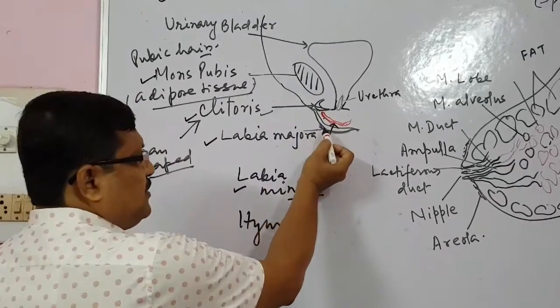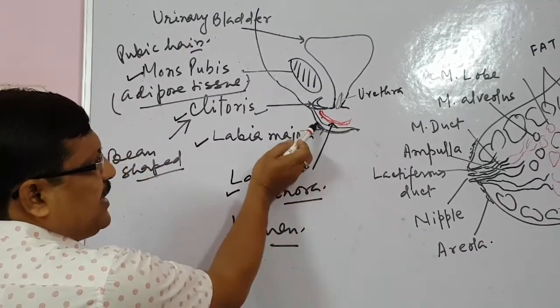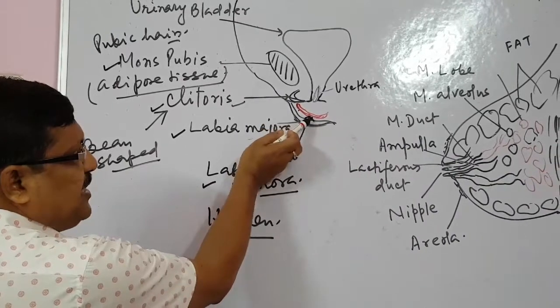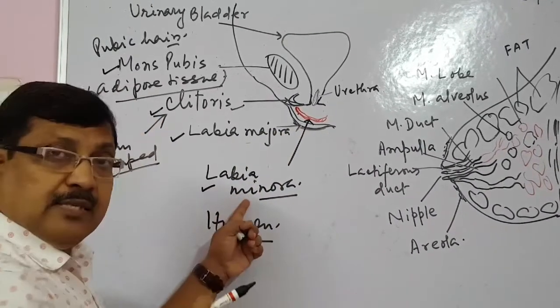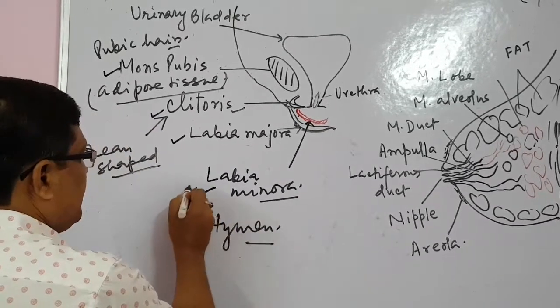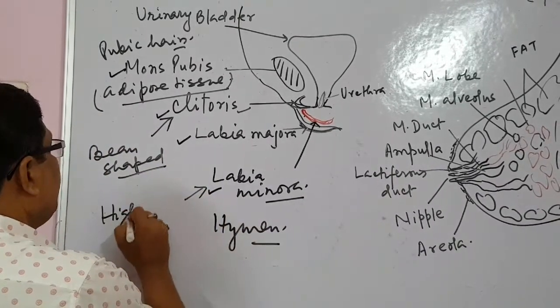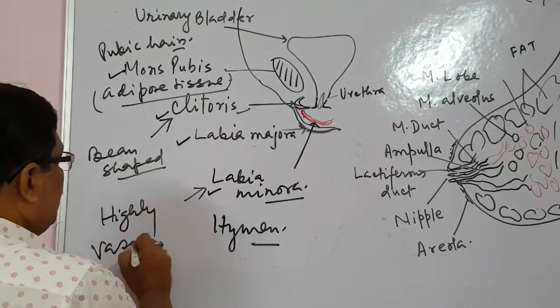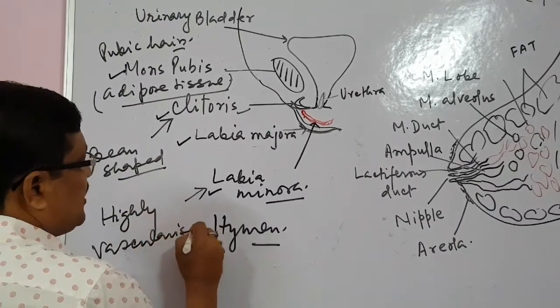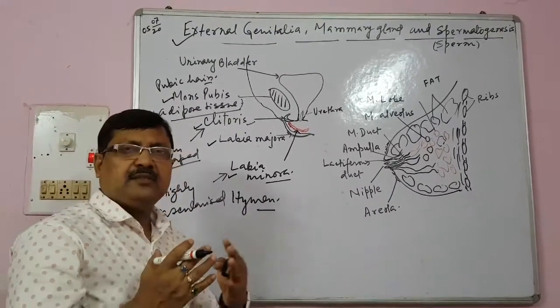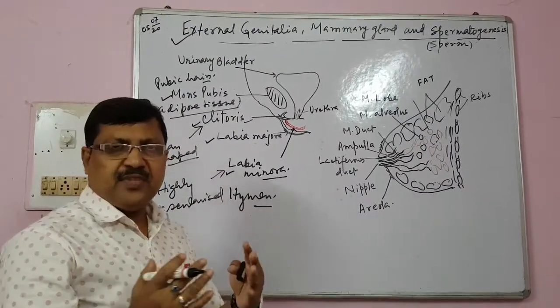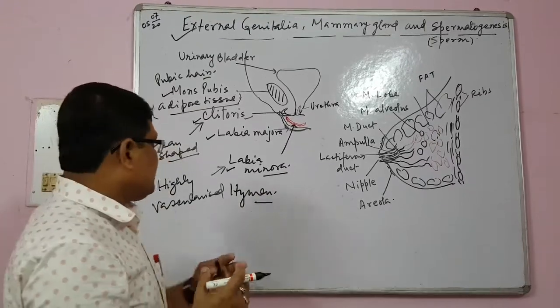Below that, the inner fold, which is red in color in the diagram, is the labia minora, and this is highly vascularized, meaning it has many blood capillaries and a network of blood vessels.